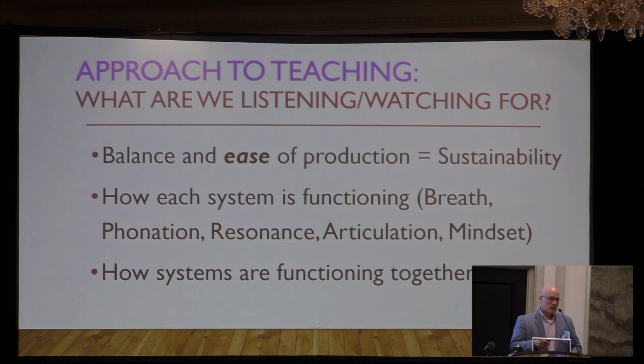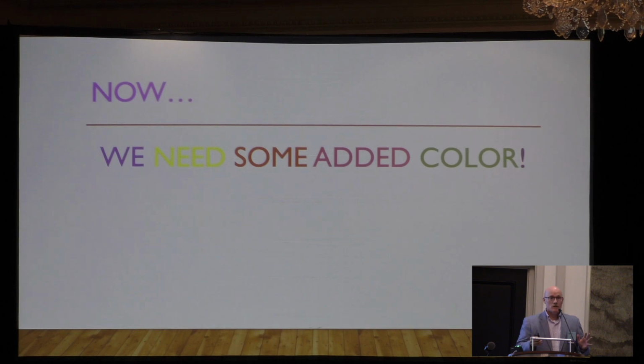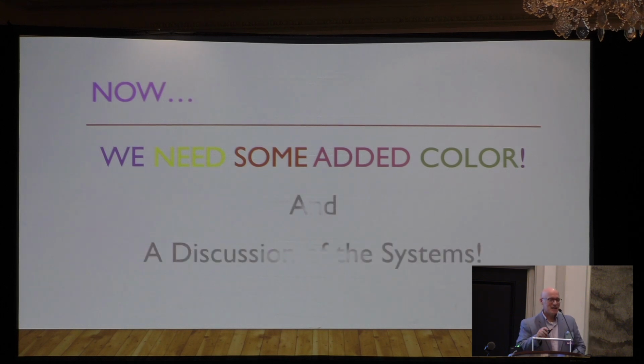So now this was a lot of black text on a background, so I think that now is the point where we need to add some color to the slides. This is my own joke for my colorblindedness. That's why this is how I see things. And also a discussion of the systems that we just talked about.